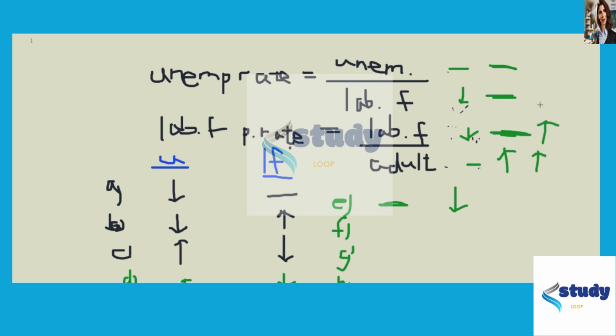And unemployment also goes up because Jamie is now unemployed. So what happens if the unemployment number goes up and the labor force also goes up? Here is a simple way to calculate this.